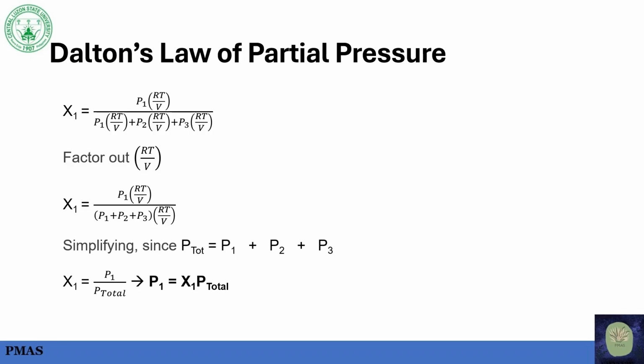Meaning the mole fraction can be calculated by dividing the pressure by the total pressure of the mixture. Or, solving this equation, the partial pressure can be calculated by multiplying the mole fraction by the total pressure. So it just says that we can use the formula to solve for one another.